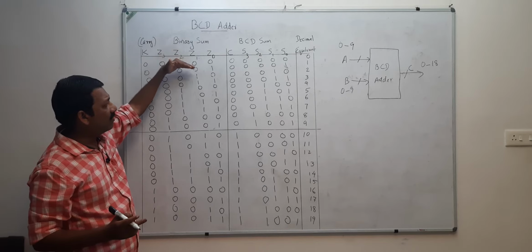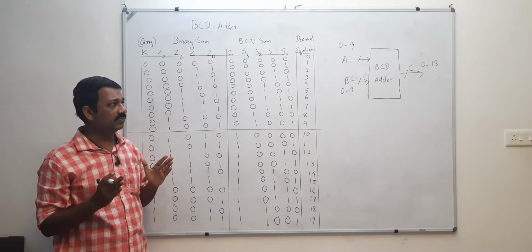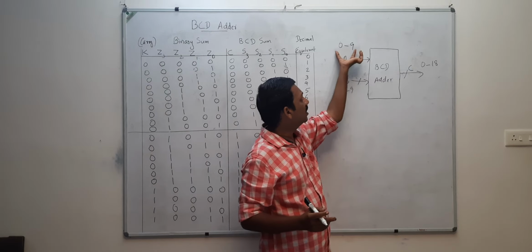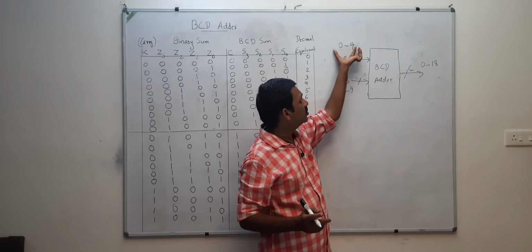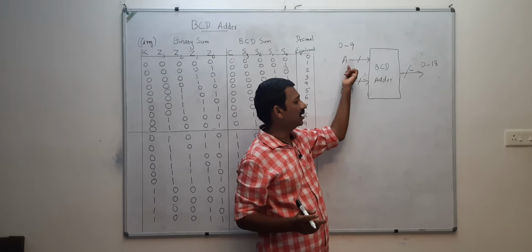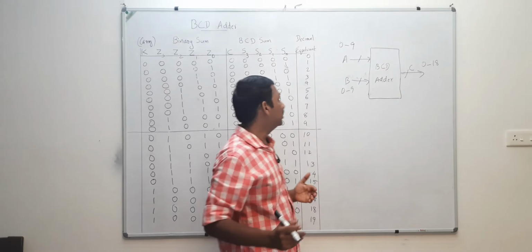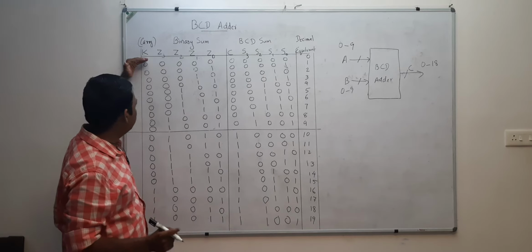And when you have two binary numbers which are in BCD, that means the inputs are from 0 to 9 and 0 to 9, and after adding, the binary sum can be in one of these.